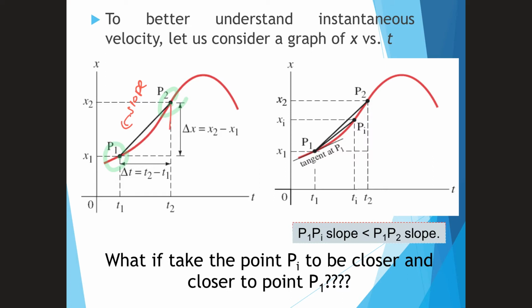Because this is the change of position and this is the change of time, so the slope here represents average velocity. What if we put one point here, we call it Pi? The average velocity for Pi and P1 will be less than that for P1 and P2, because the slope is less.